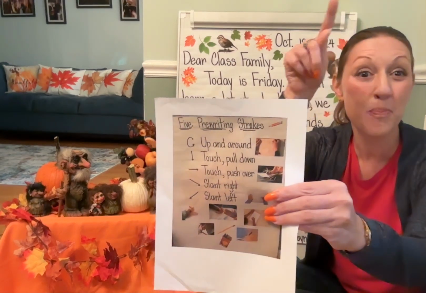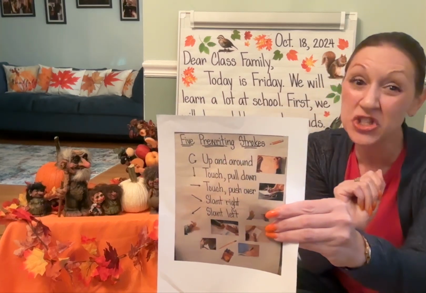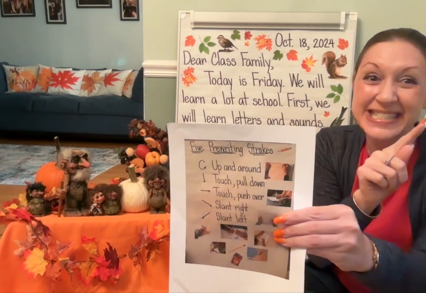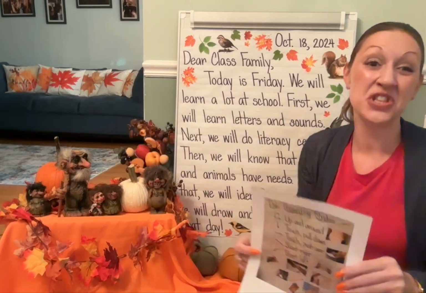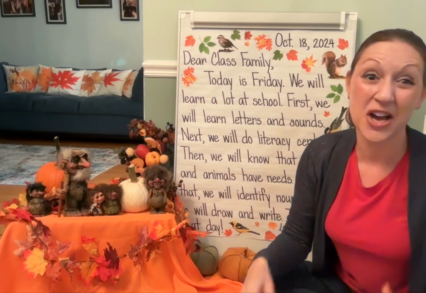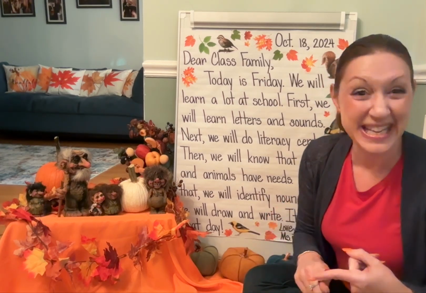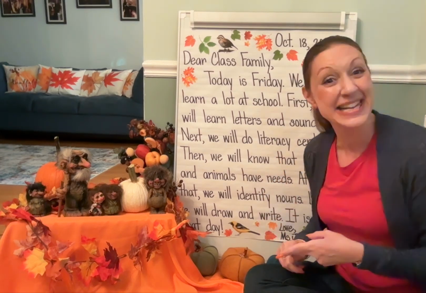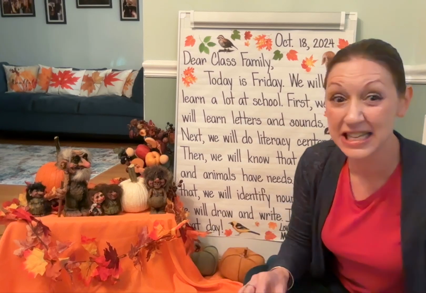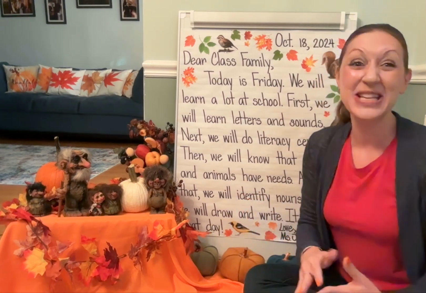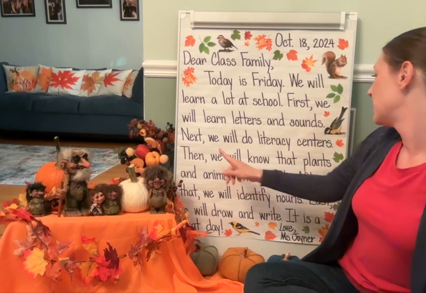Okay, up and around, touch, pull down, touch, push over, slant right, slant left. In addition to the 5 pre-writing strokes and Lexia, we'll also be doing some box centers within the classroom that have beginning sounds or ending sounds that we're trying to figure out. We're all going to be doing lowercase letter matchup on our trays, as well as reading books. It's going to be awesome.